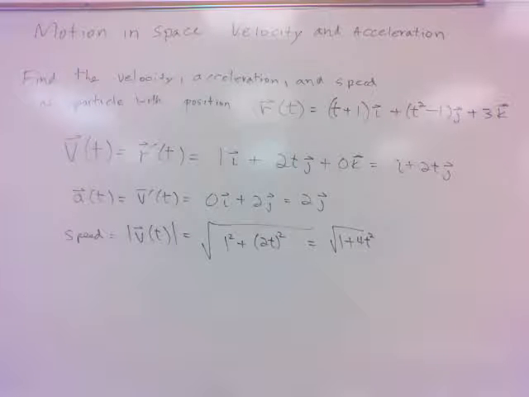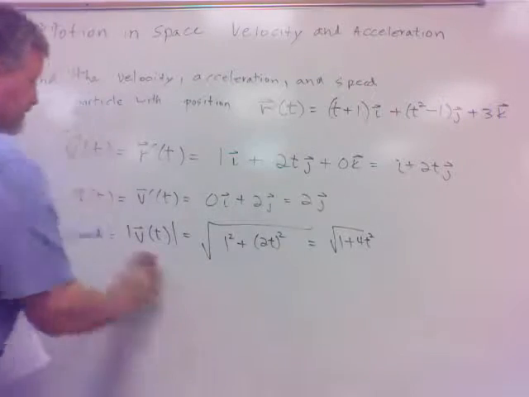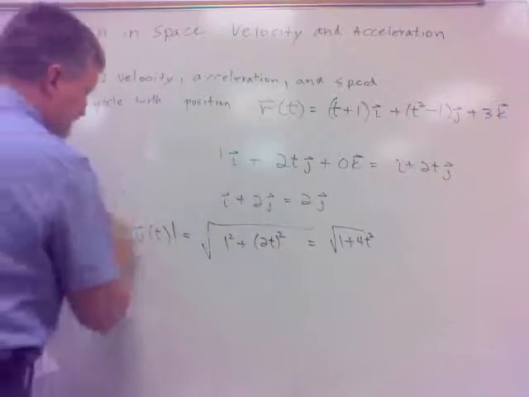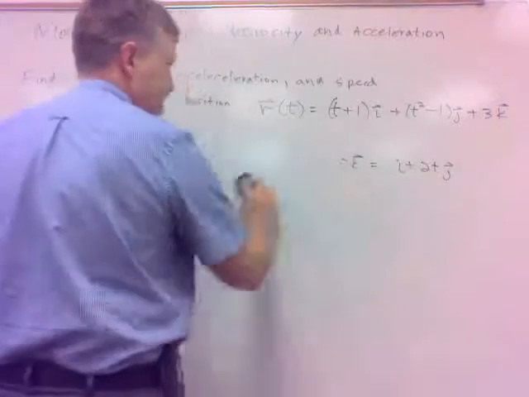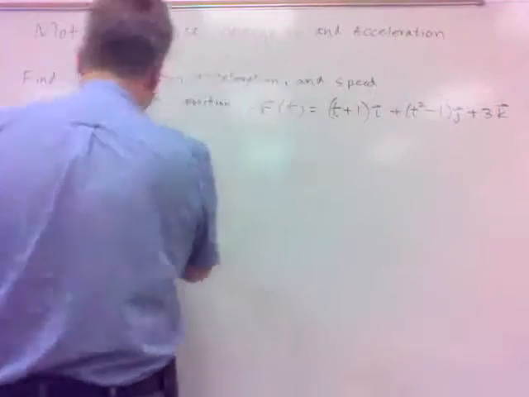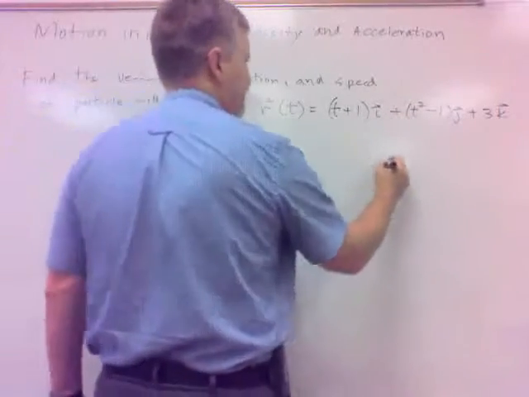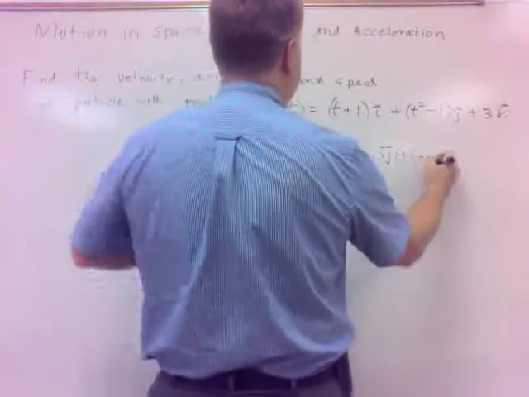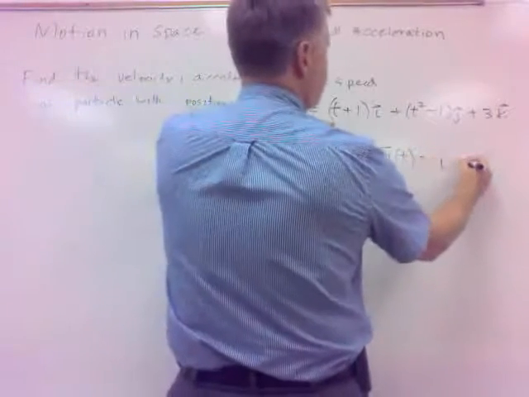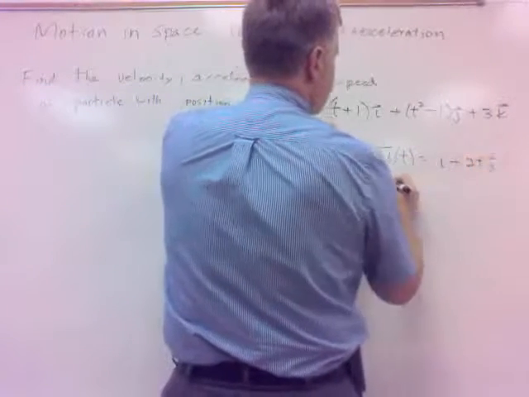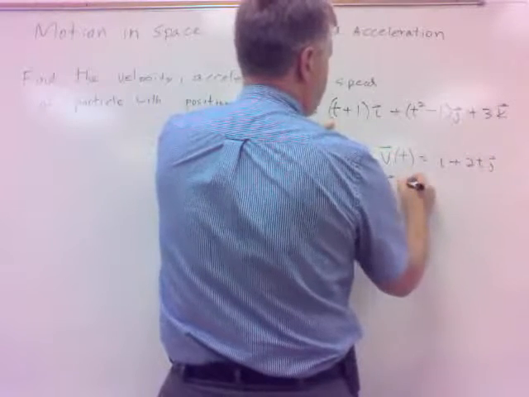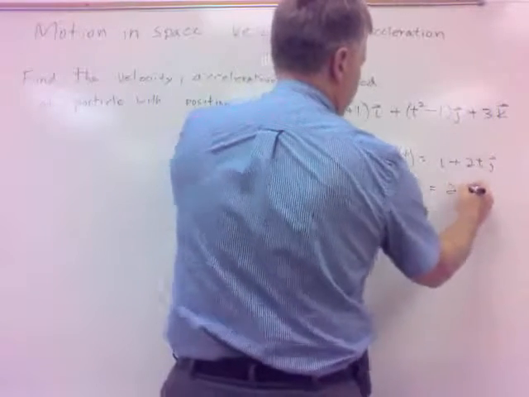All right. Now, what they'll also have us do is this. So, v of t, what was it? i plus 2tj. Acceleration was just 2j. Okay, yeah, those weren't hard.